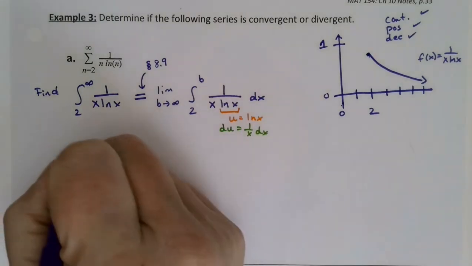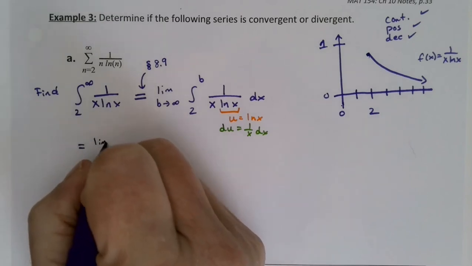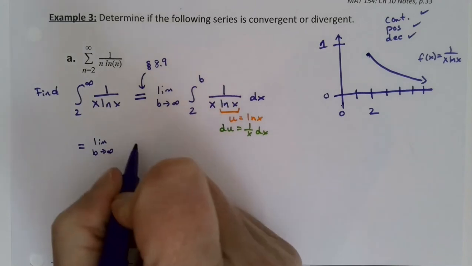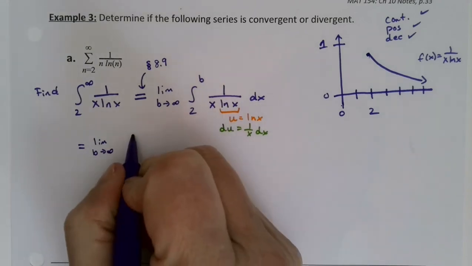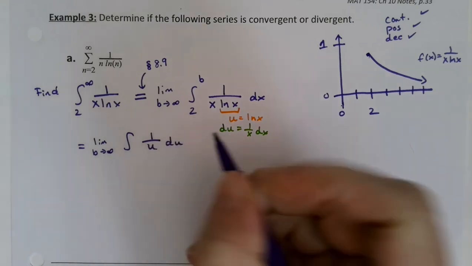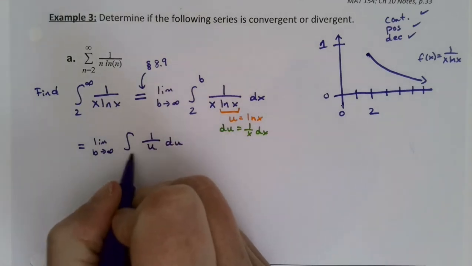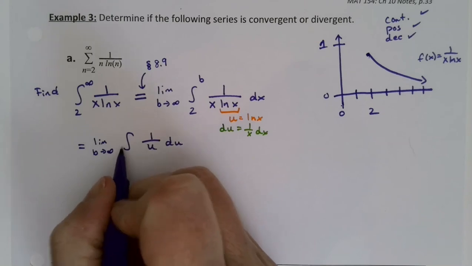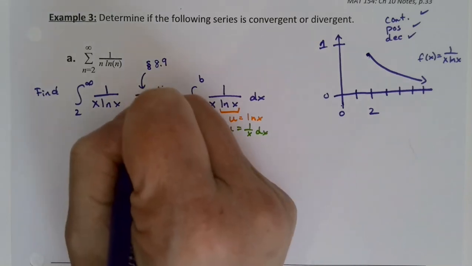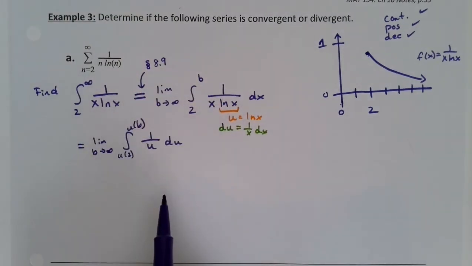Therefore, this is equal to the limit as b goes to infinity of the integral of 1 over u du. I'm not going to bother with values. Technically this is u of 2 and this is u of b, if you wanted to be technical about it, because I'm going to back substitute in a minute anyway.